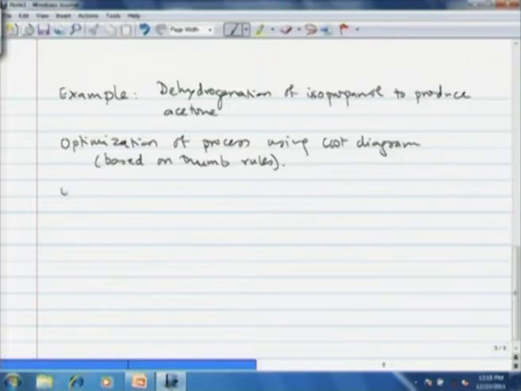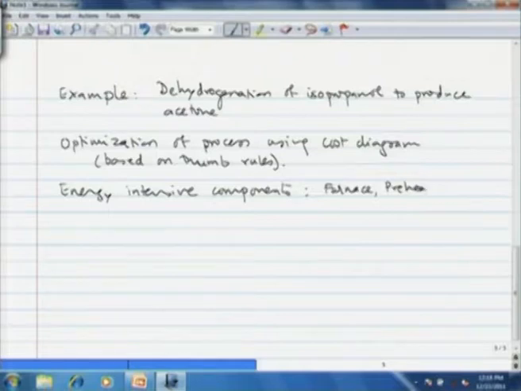The energy intensive components of this particular flow sheet are the furnace, the preheater and the two distillation columns.